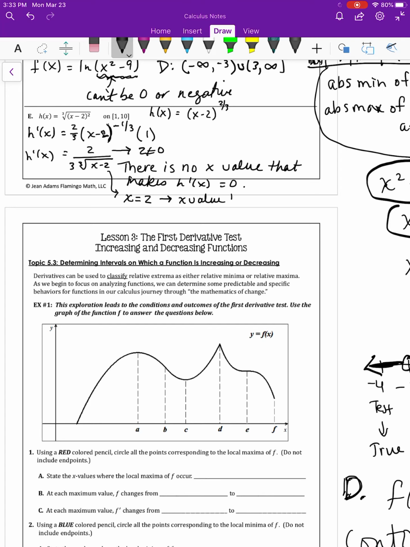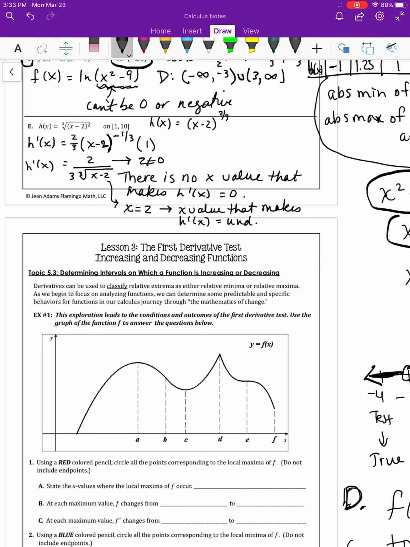So x equals 2 is the x value that makes h prime of x undefined, okay? So that's a critical point, because at x equals 2, your derivative would be undefined.